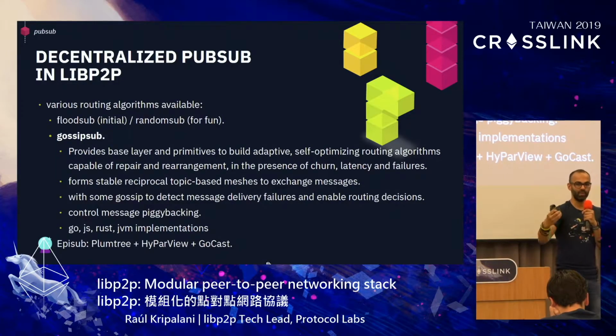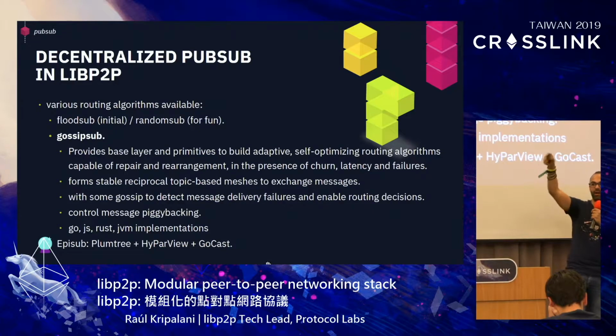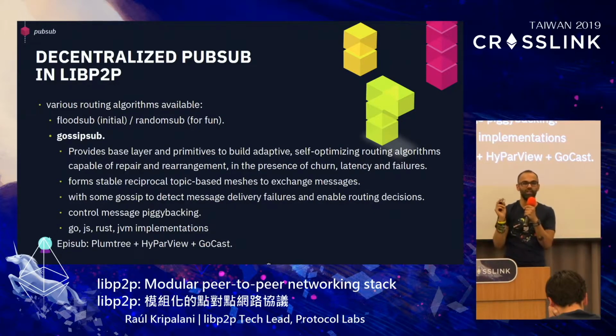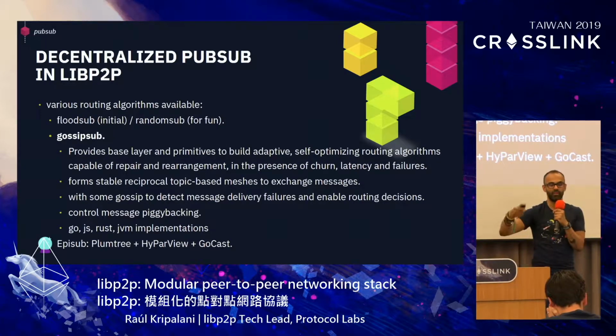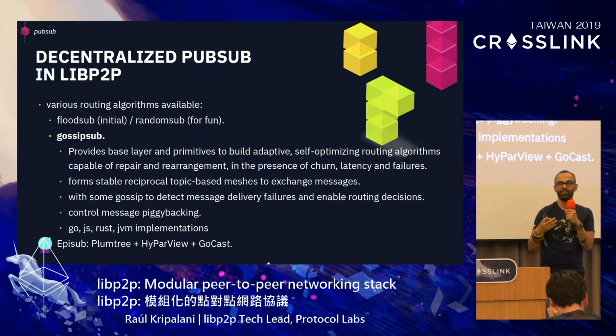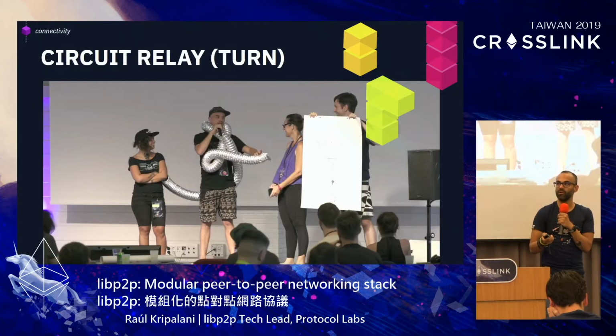It is a building block. It is a primitive to build intelligent routing mechanisms like EpiSub. So EpiSub is one that I'm very excited about. It's a combination of 3 different approaches that exist in the state of the art, but it's a very particular combination that I think is going to give very good characteristics as we go forward.